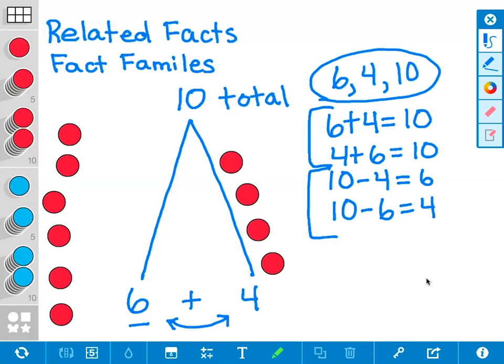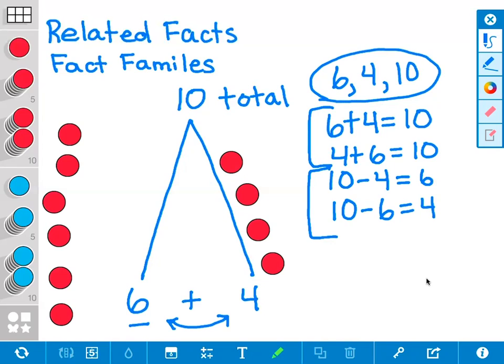So you can see that the only numbers that I used in these equations are 6, 4, and 10. And that makes it a family. And these are fact families, or we call them related facts, because when we think of families, we think of being related, which means we have some things in common with each other.